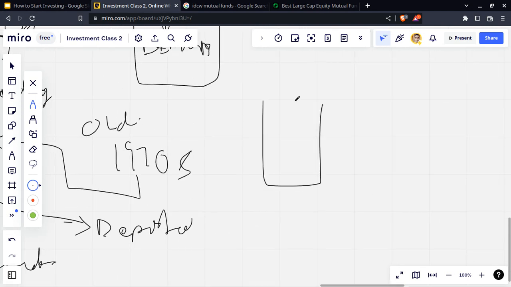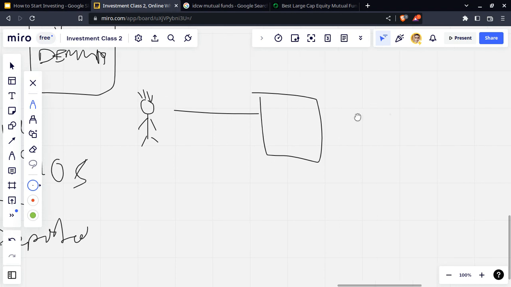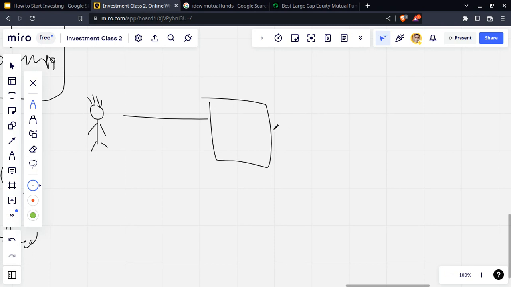Depository is another entity. Let me explain. This is me who wants to invest, the guy with this kind of hair. He goes to the broker. The broker gives only the facility of trading, it does not store your shares. What it does is, they have a tie up with a depository.